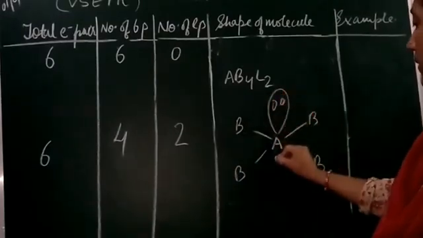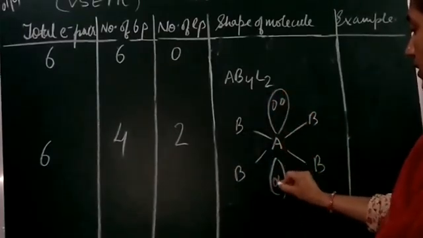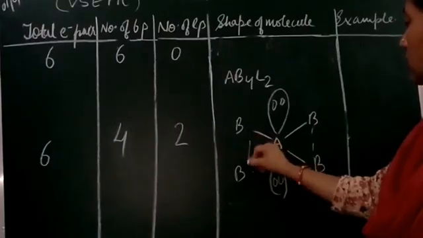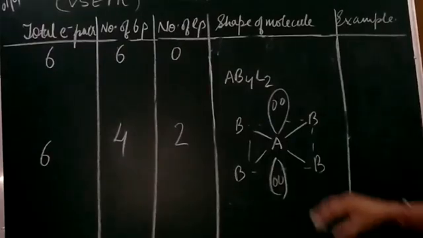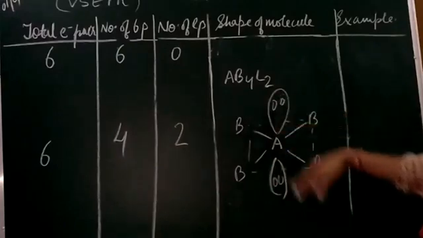So it will be in this way, right? So here you can see that if we place it in this way, we have 4 bonds at the 4 corners of the square and the 2 lone pairs are there.